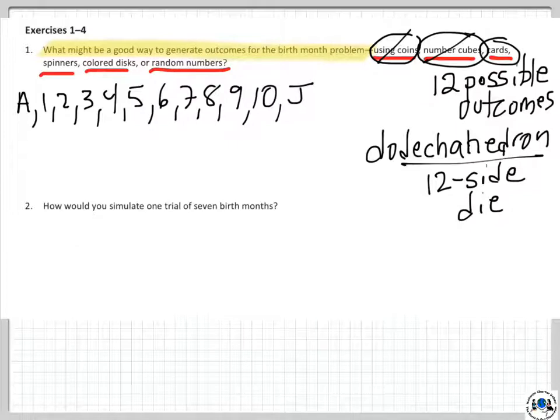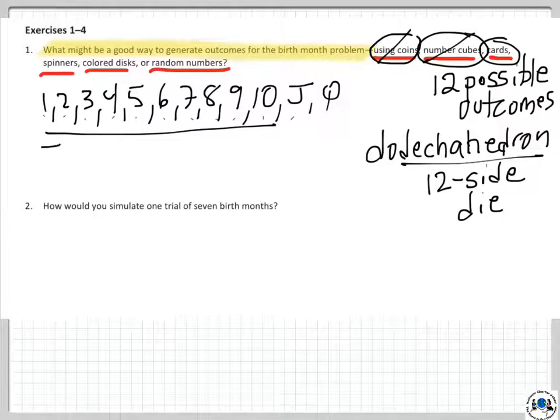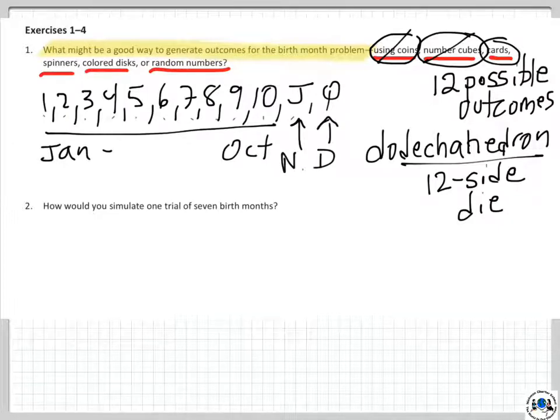Why don't we just take the ace out, and then take the jack and queen. So each of the number cards is good because they're the number months, January through October. Then the jack could be November, and the queen December. Yeah, so you could use that.